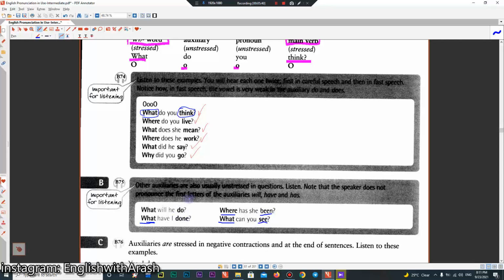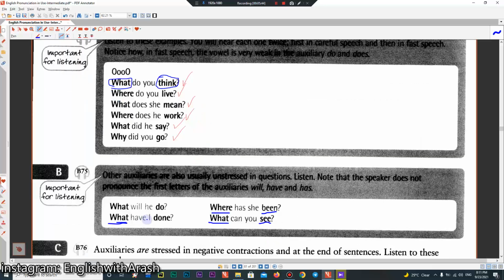And here what's interesting is sometimes, for example, here you might not really hear this he. Especially in fast speech, they don't say what will he do. You might hear what'll he do? What will he do? Or here, again, you might not hear this he sound.